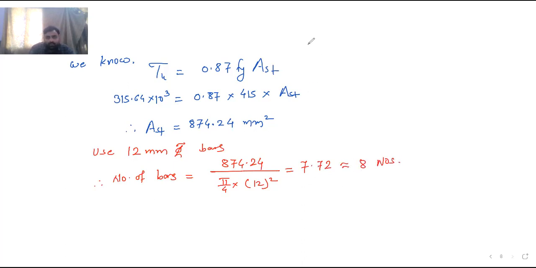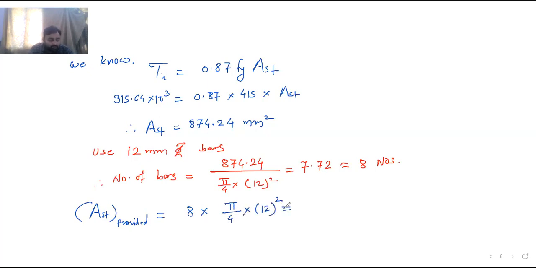So calculate now the AST provided. AST provided is equal to 8 number of bars, each of bar diameter 12.